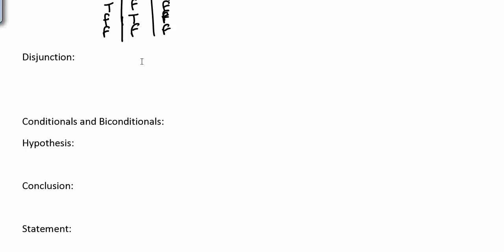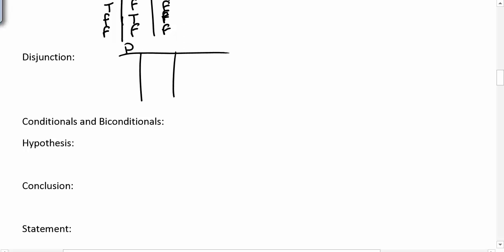Okay, a disjunction is again another linkage between two statements. Let me go back to our original P and Q, and then we'll talk about what a disjunction is. So let me write down the 4 different possibilities: true, false, false, true.